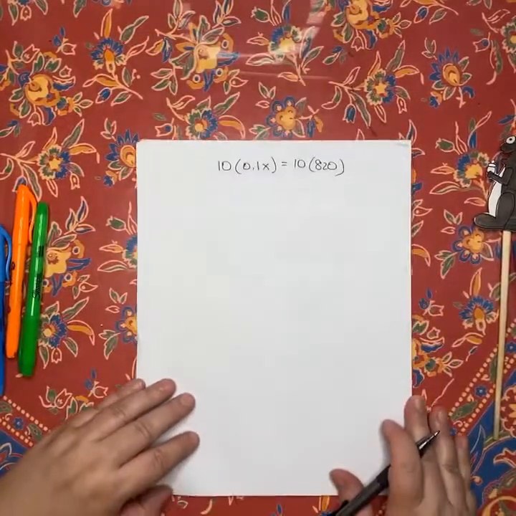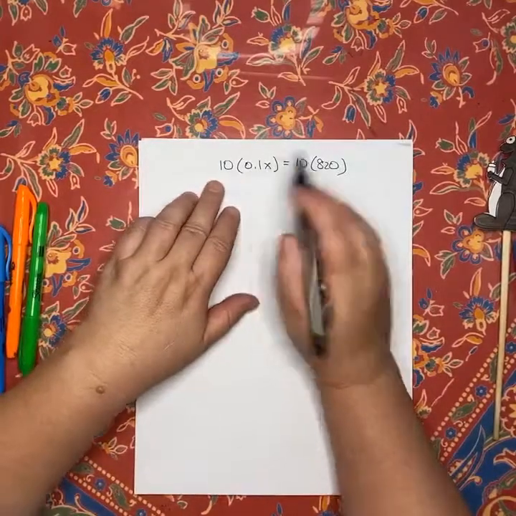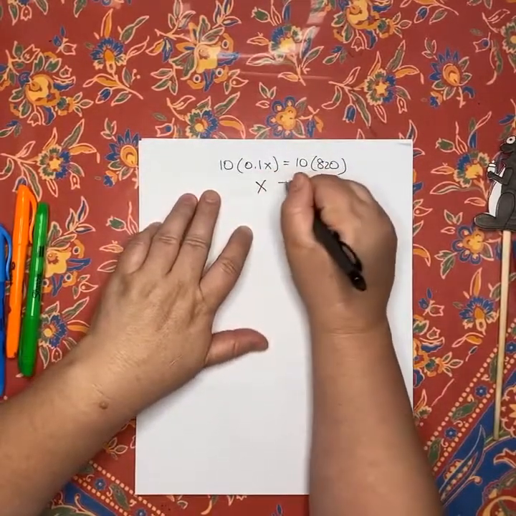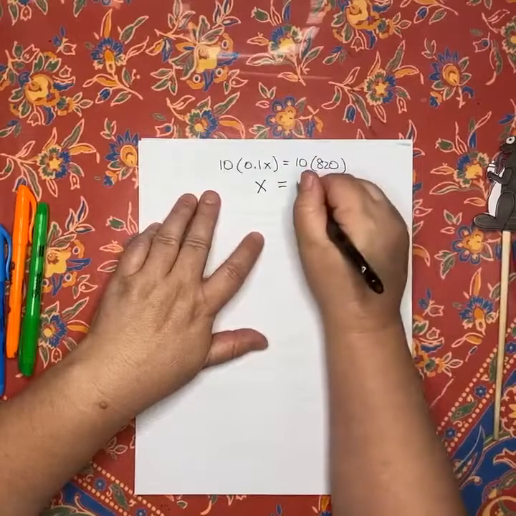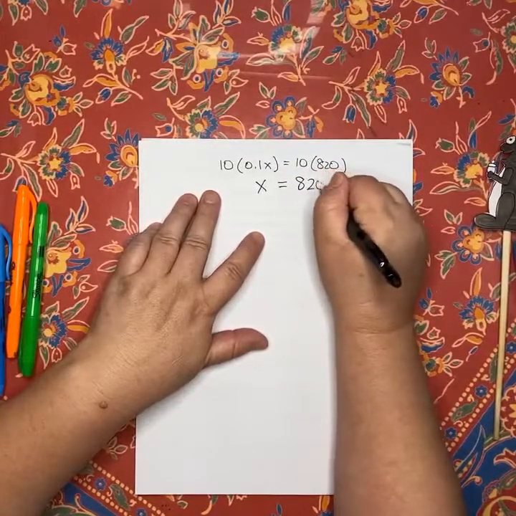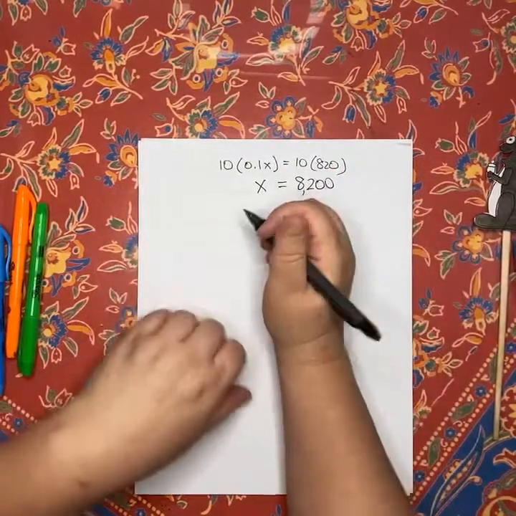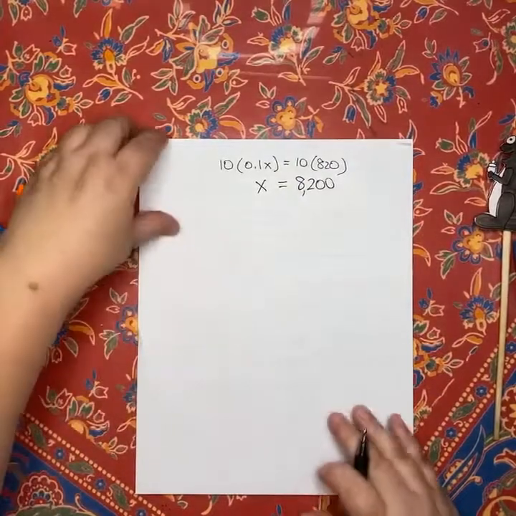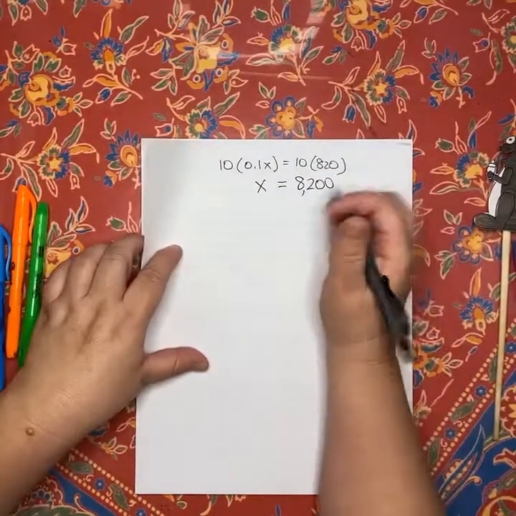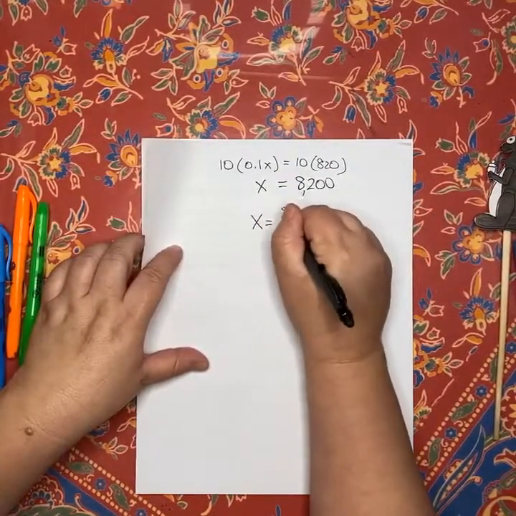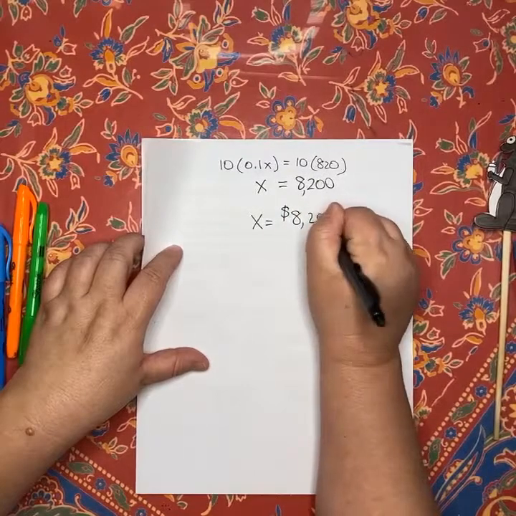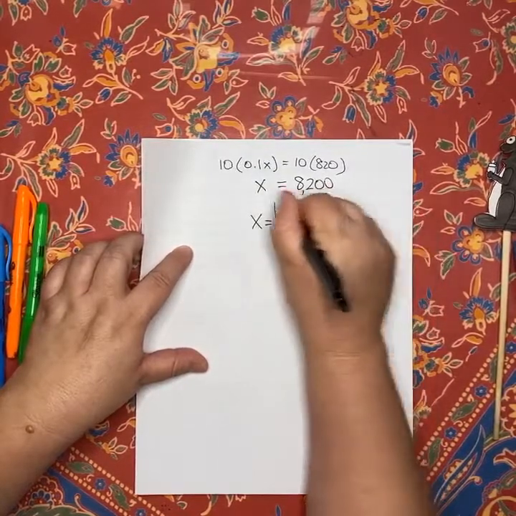So 10 times 0.1x is just x. And over here, 10 times 820 is 8,200. So for my class, you can get away with just telling me x is, and make sure you include the units, 8,200.